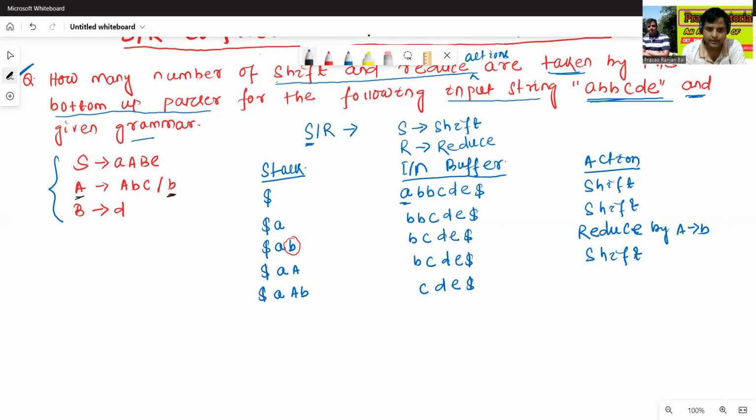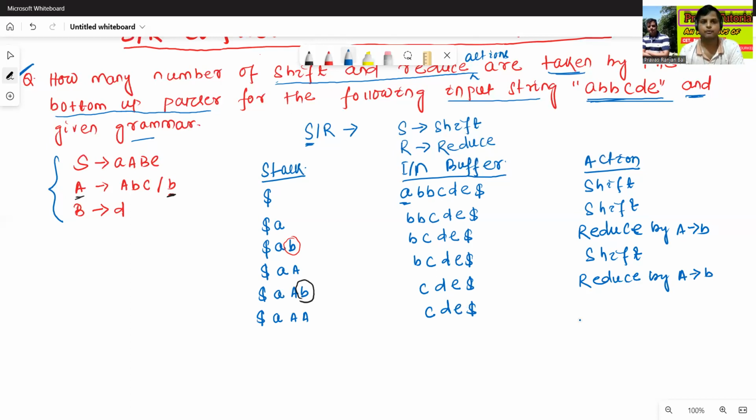Yes, we can handle this B, A to B. So reduce by A to B. The stack is dollar A, and the input is C, D, E, dollar.